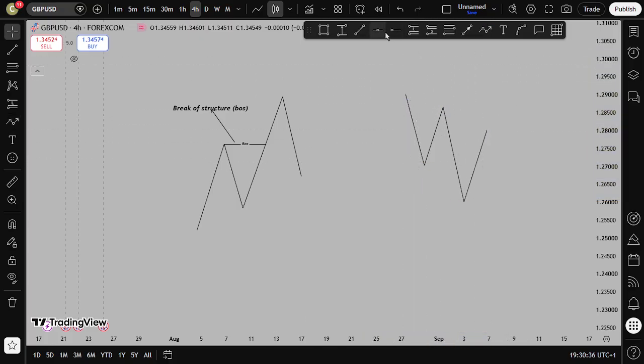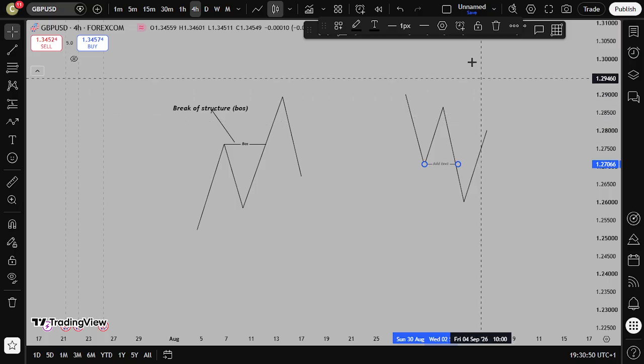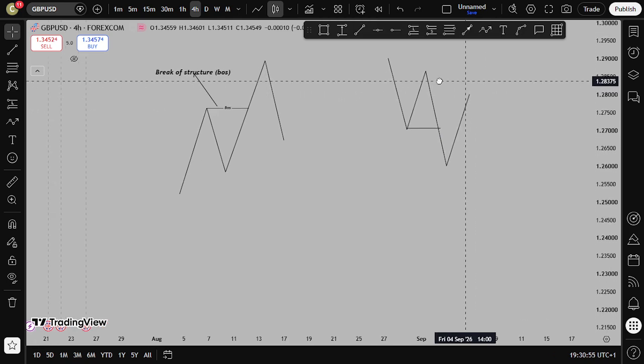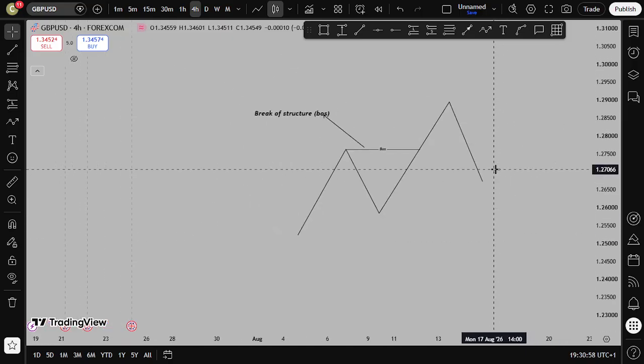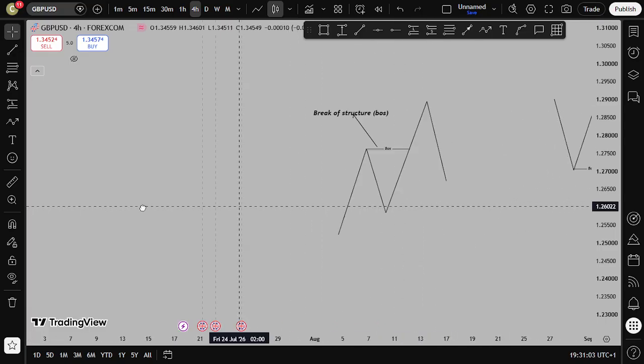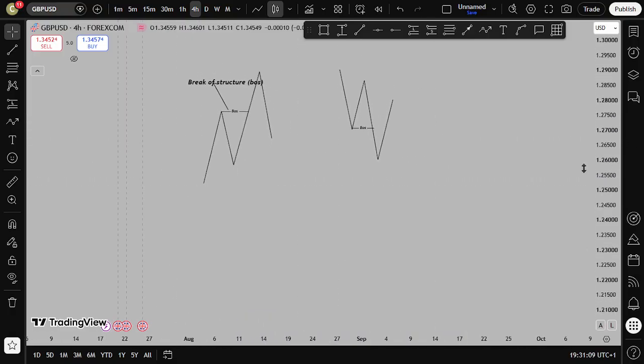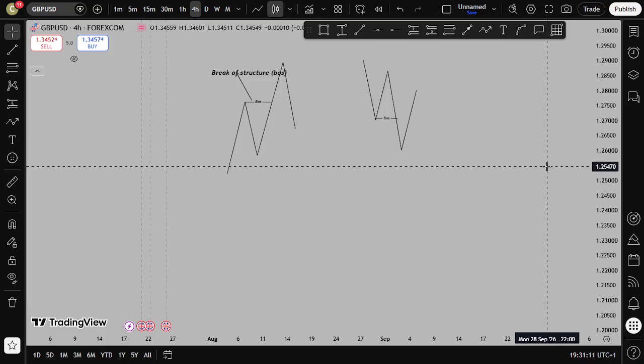So what we call it when it breaks that lower low is a break of structure. Like I say, BOS confirms continuation.